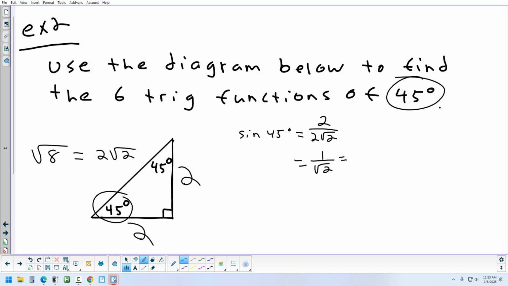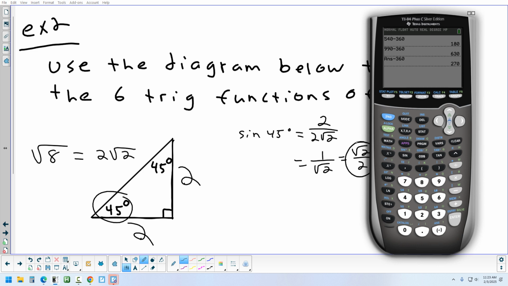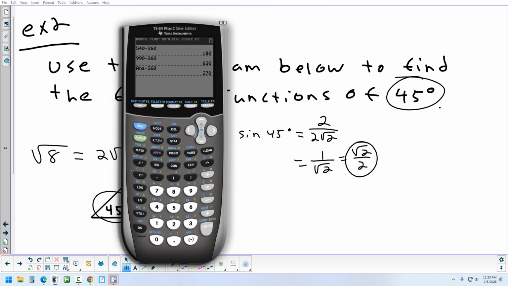What's 1 over the square root of 2 turn into when you fix it? Yep. And that is the sine of 45 degrees. Square root 2 divided by 2. And I can check it by typing in sine 45. Okay, calculator gives me that decimal. It doesn't know how to change it to that. But if I type it in, it does show that it is the same thing.